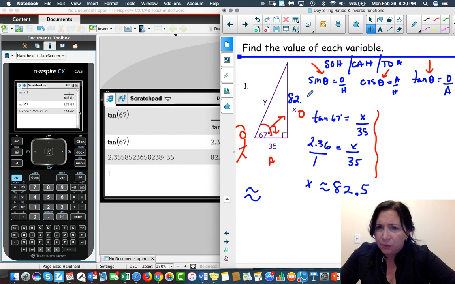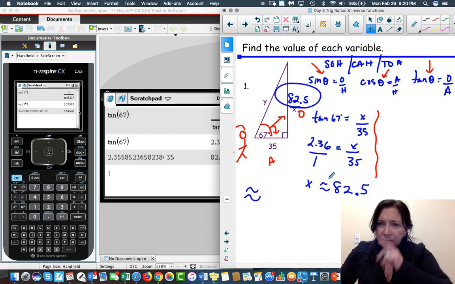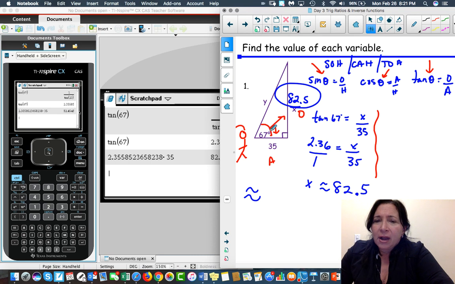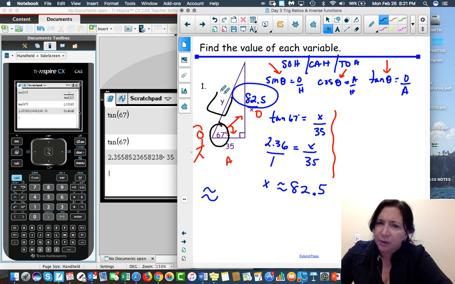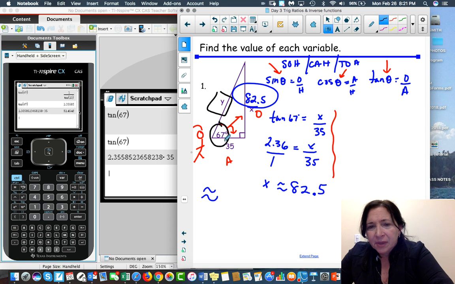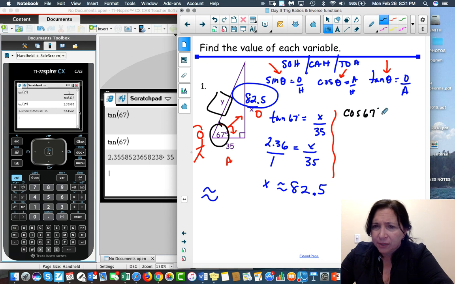So x is 82.5. Now, I also have to solve for y. Going back to y, I'm still here at this angle, at 67 degrees, and I need to find y. One option is cosine of 67 degrees equals the adjacent side, which is 35, over y.